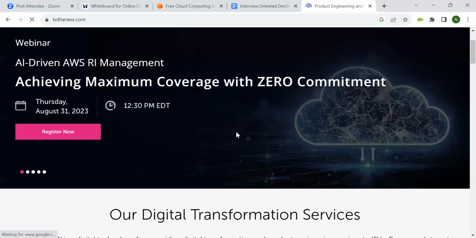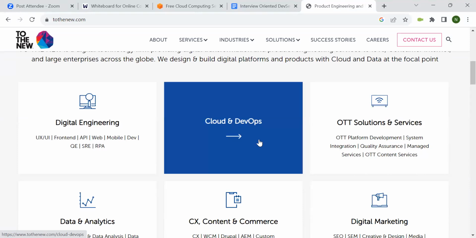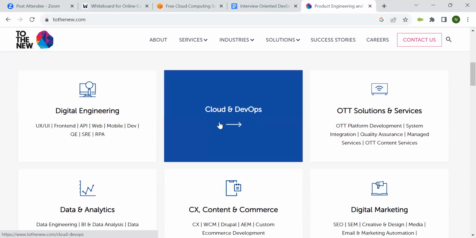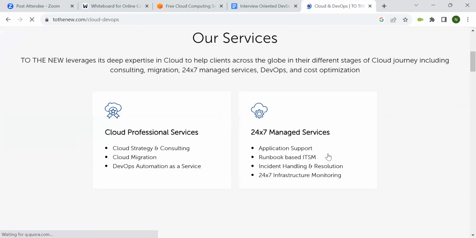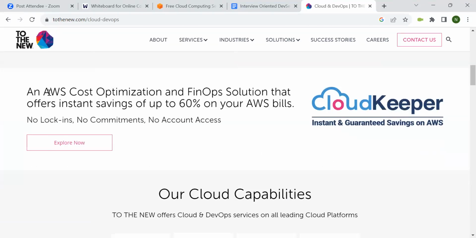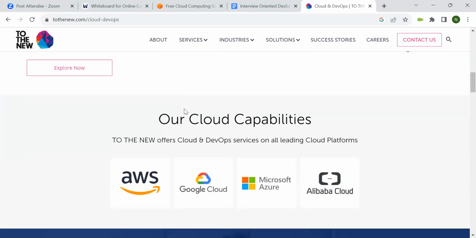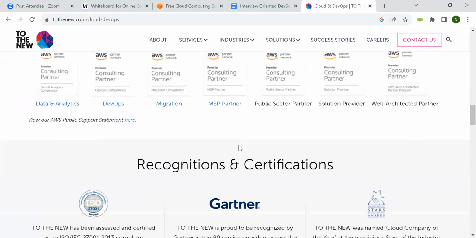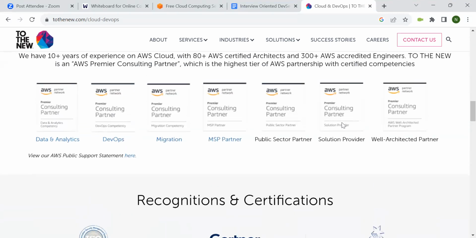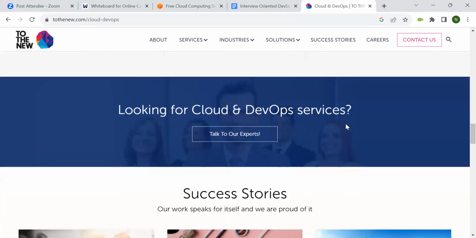What they offer is some kind of cloud environment. This is one of their services. They can do cost optimization of 60%, something like this. They are providing all kinds of AWS services. They are a cloud consulting partner, everything they have.